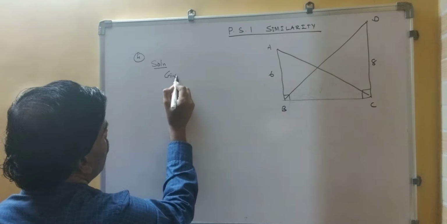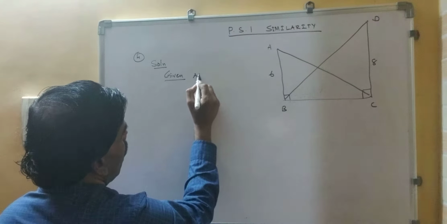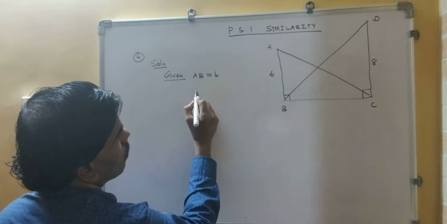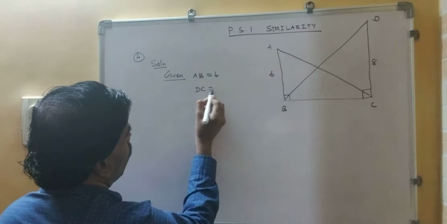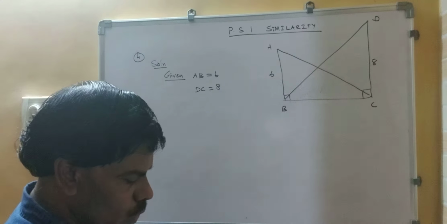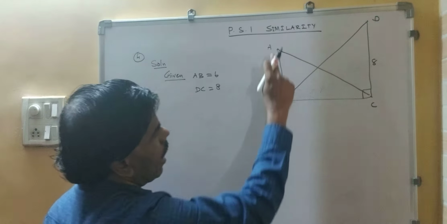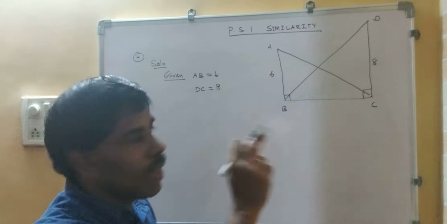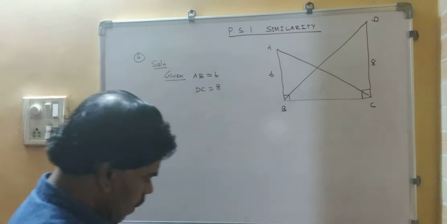What is given? First we will write AB equal to 6 and DC equal to 8. Okay. Now look at these two triangles, triangle ABC and triangle DCB.